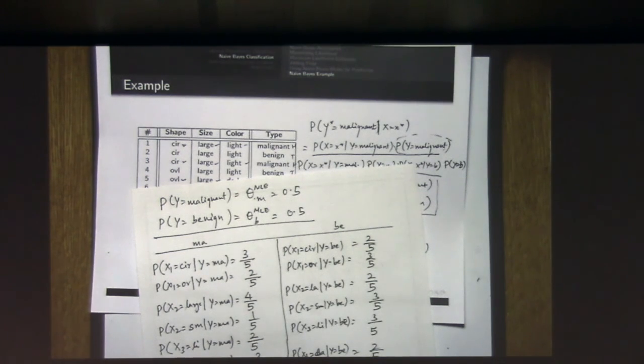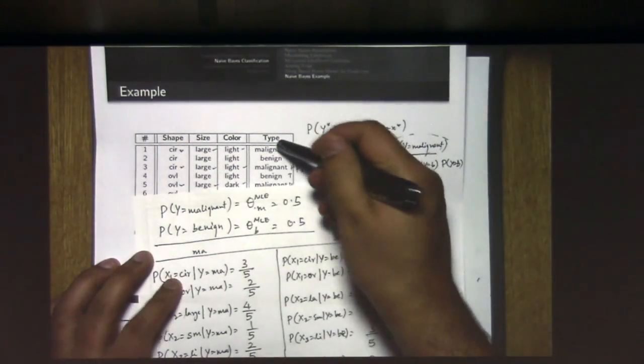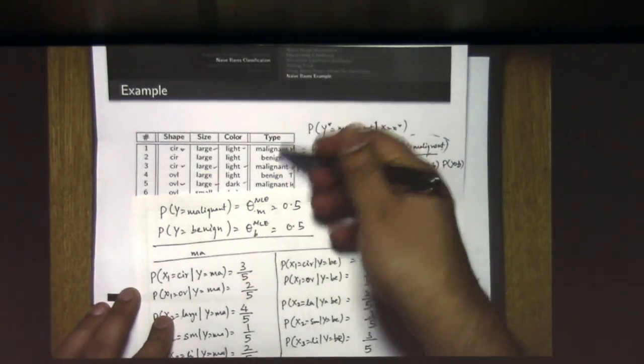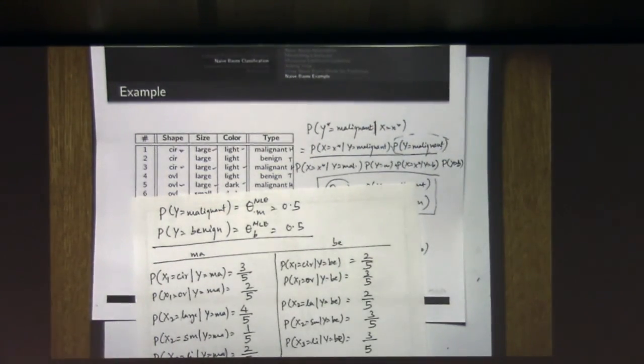So that is how this would change. Naive Bayes would also work if your class type is also more than 2, right? The only thing that will change is now you'll have to enumerate all probabilities. So it will keep becoming complex and complex in terms of the number of things that you have to maintain, but the process is still the same, all right?